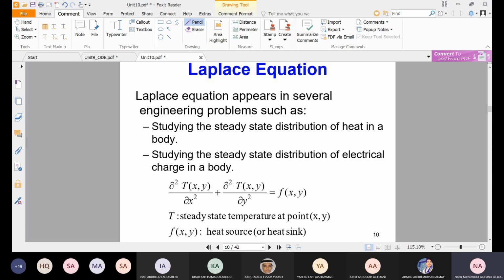If we assume the source of the heat is 0, or it goes to steady state, for example, if you have a capacitance and it discharges all the energy at the end, then there is no source inside, it disappears. So in this case, we assume this is 0. If the source still contains some energy or some heat, we represent the value as f of x, y.